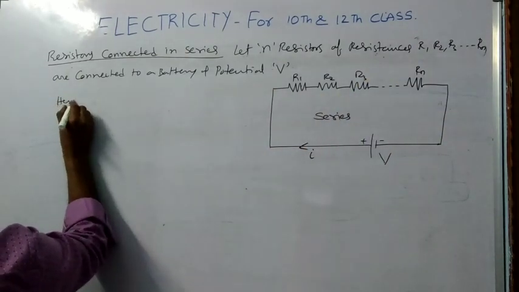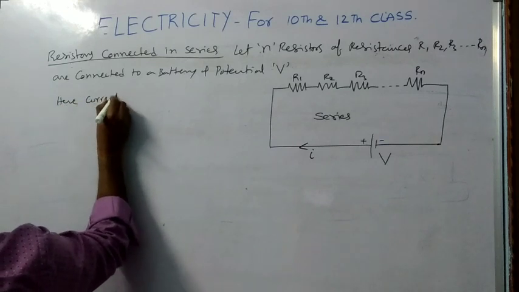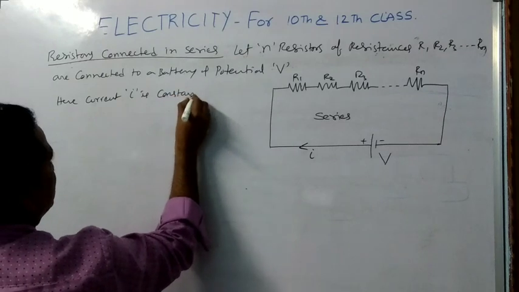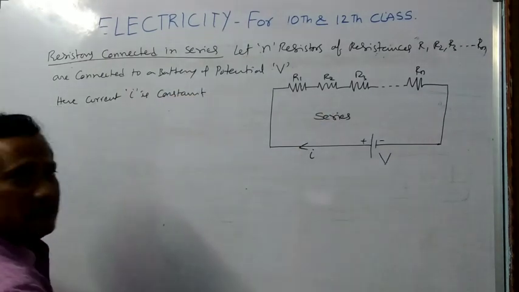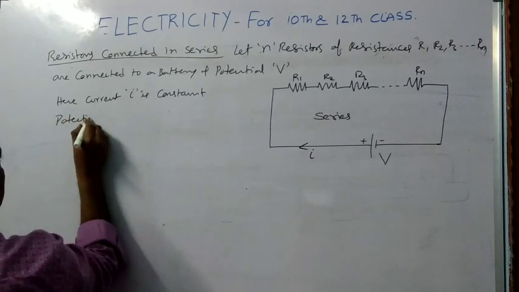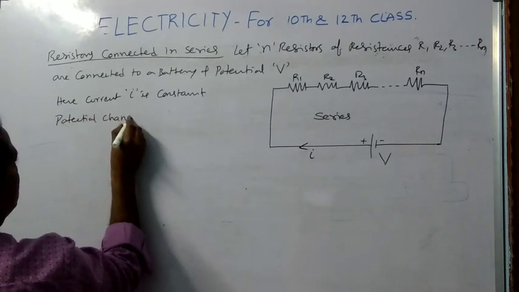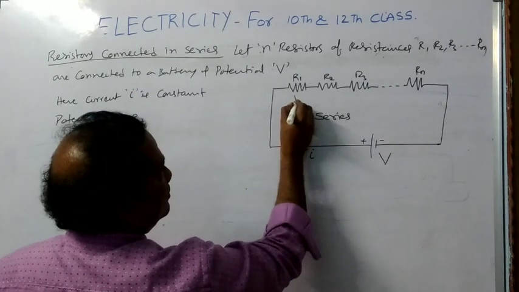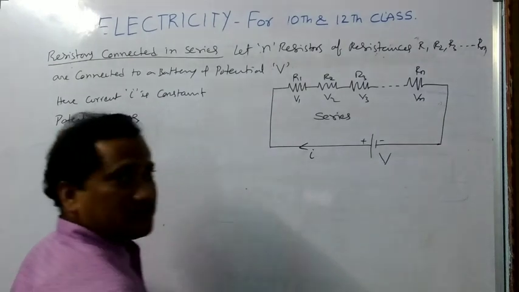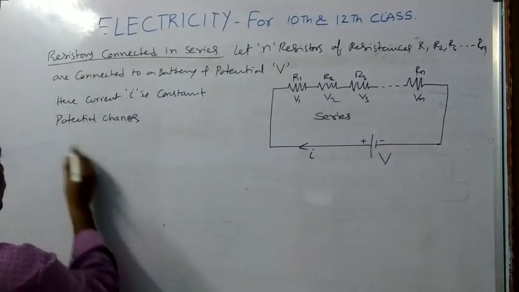Here, current I is constant. Potential will be changing. Potential changes across R1, V1, V2, V3 and so on to Vn.